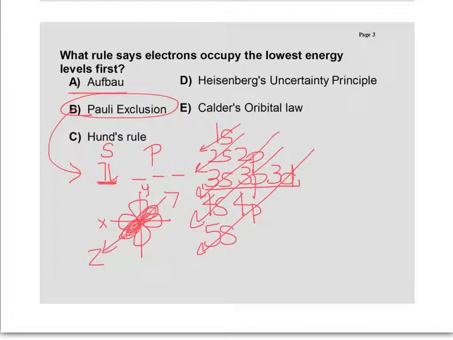Because there are 3 different orientations, there are 3 different areas where electrons can be found. So the Pauli exclusion principle says you can only have 2 electrons per bedroom. Even though P, the 3-bedroom apartment, holds 6 electrons, you can only have 2 per bedroom.